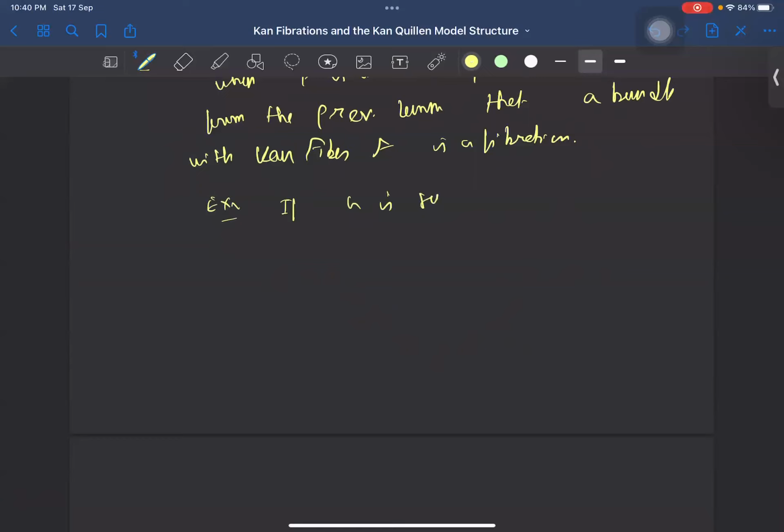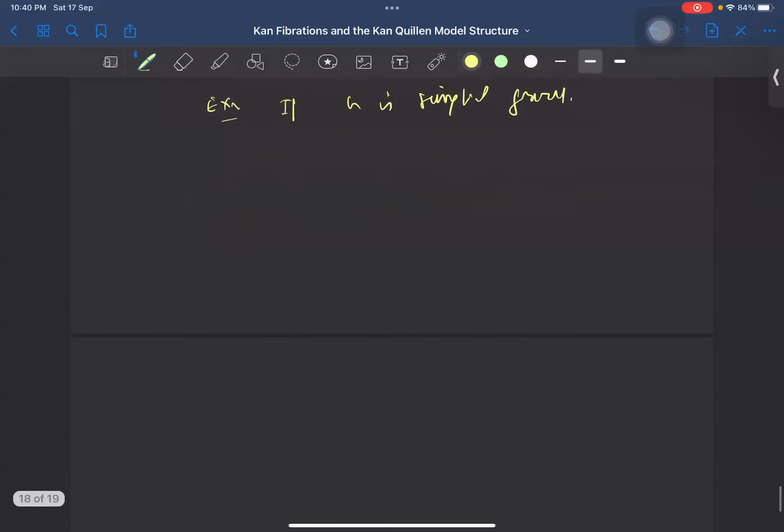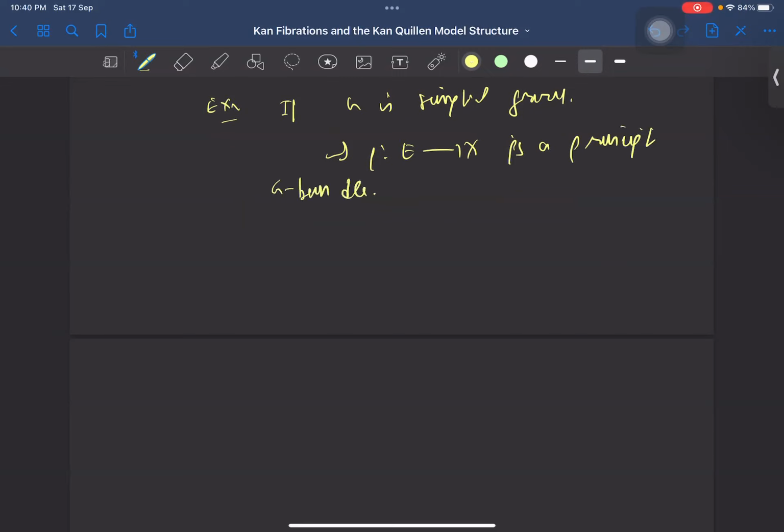So if G is a simplicial group, and P is a principal G bundle, then clearly P is a bundle with fiber G, and thus a fibration.